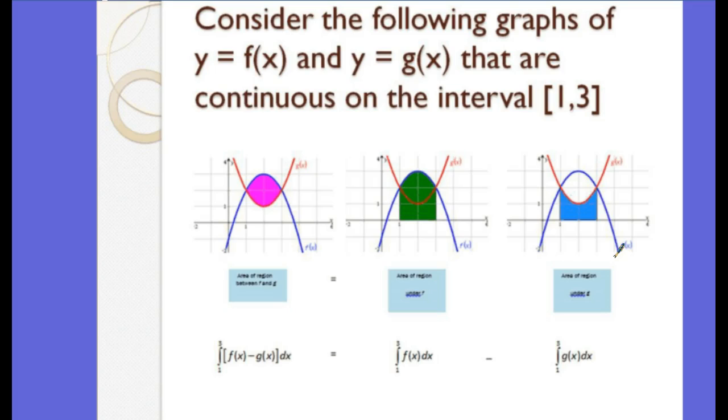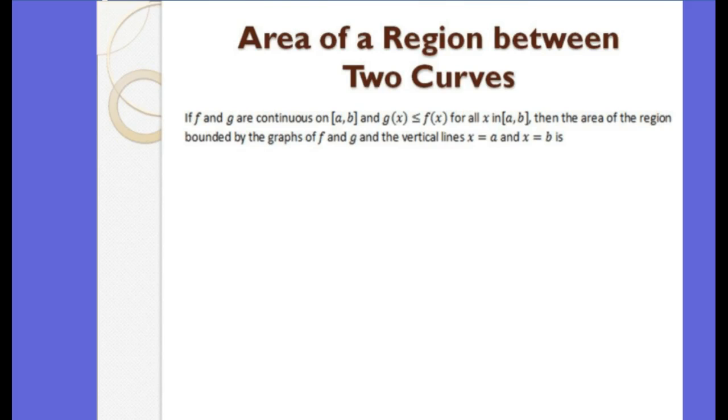So that's how f of x minus g of x works to give you the area between the two of them. That's where it came from, or what you would get if you integrated them separately. This minus that to give you that.